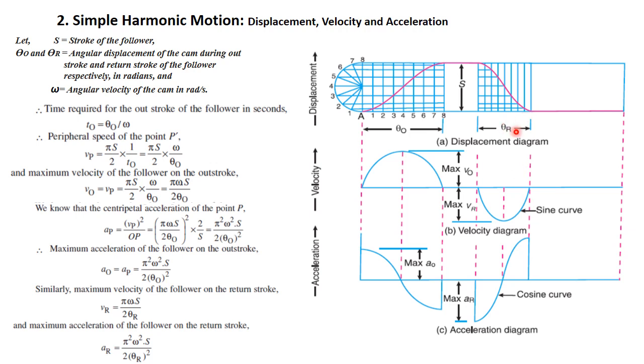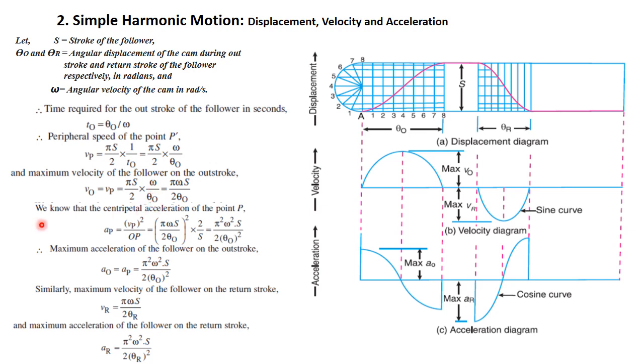Whereas in case of the return stroke, theta r is smaller, and as theta r is small, Vp is higher. Okay. So we can say Vo is equal to Vp, taking into consideration the time required for outstroke. If we consider the time required for return stroke, then we will get Vr equal to pi s by 2 into omega by theta r.